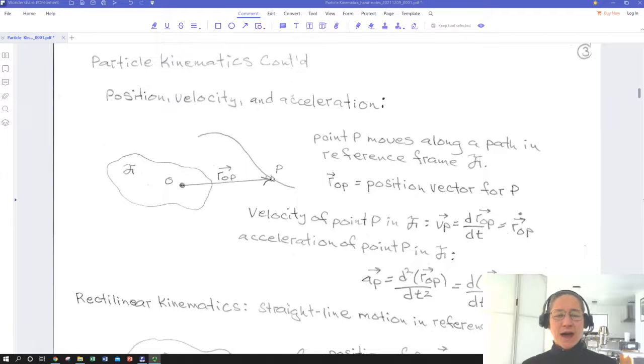We could define this path, and point P is somewhere on that path, and we can imagine that maybe point P moves along the path according to some time-dependent function.